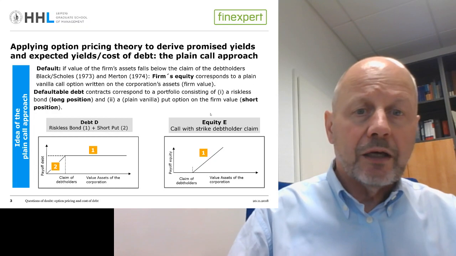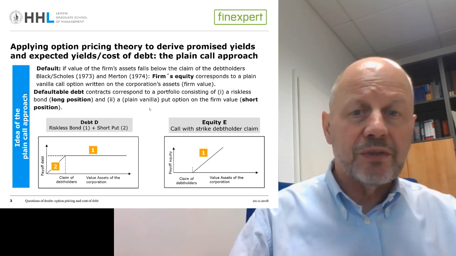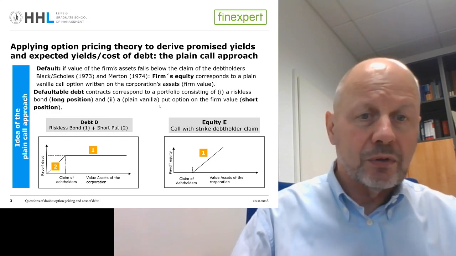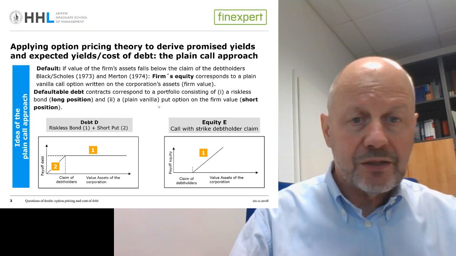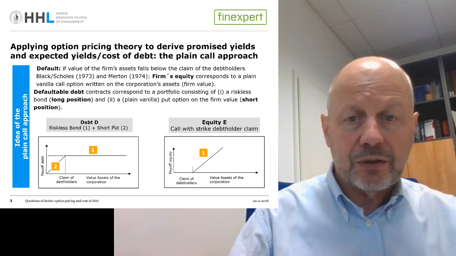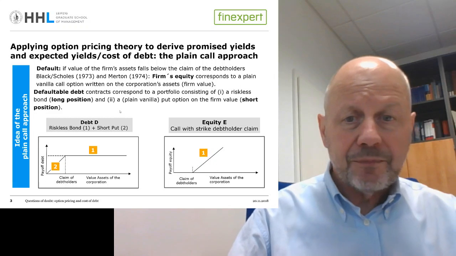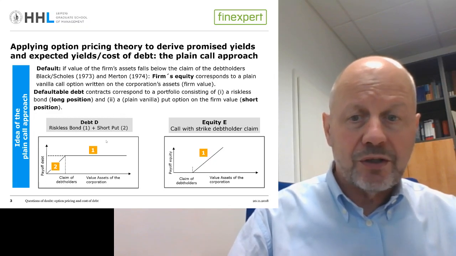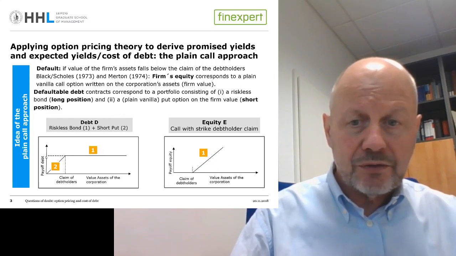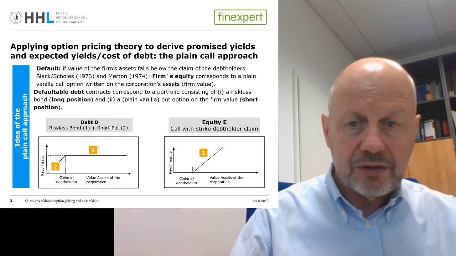On the other hand, the consequence is that risky debt may also be modeled based on option pricing theoretical considerations, because the risky debt may be modeled as a portfolio of two securities. The first one is the riskless bond, and you see here this is part one.